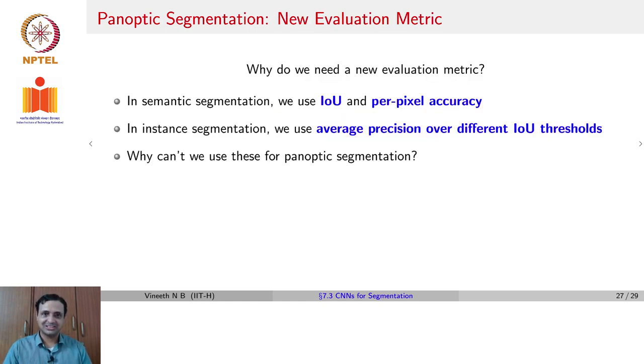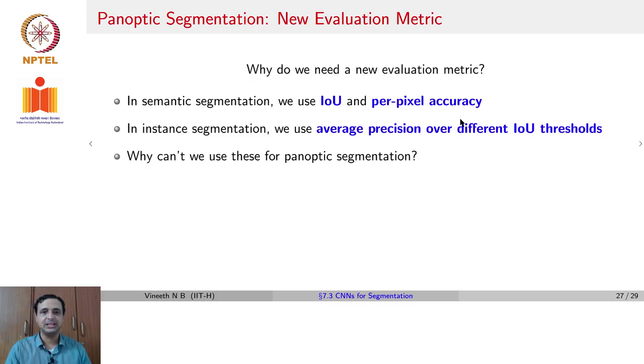One of the challenges of panoptic segmentation is that it cannot be evaluated using the metrics one may use for semantic segmentation or instance segmentation. Why is this so? In semantic segmentation, we use IOU and per pixel accuracy.